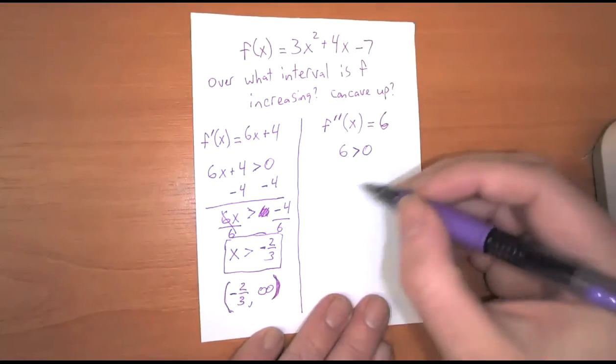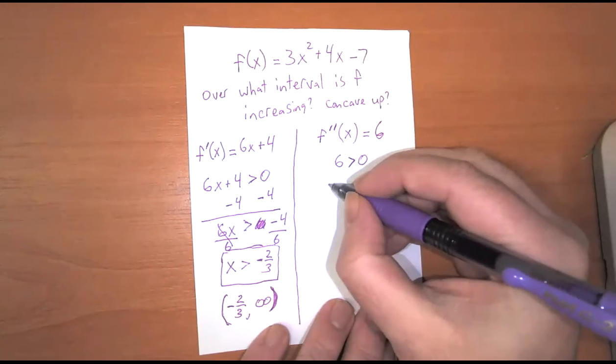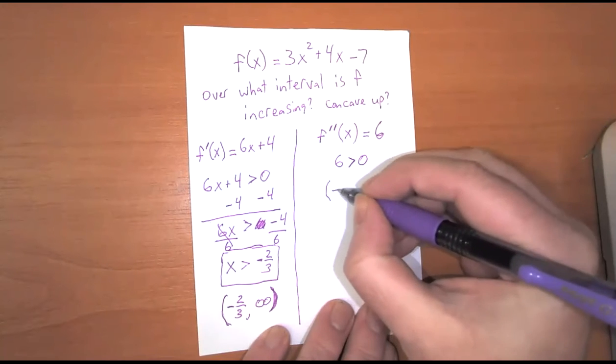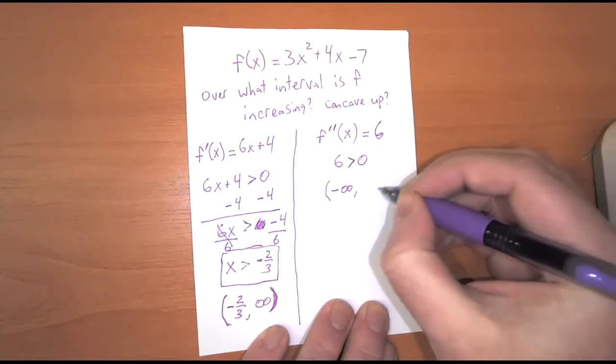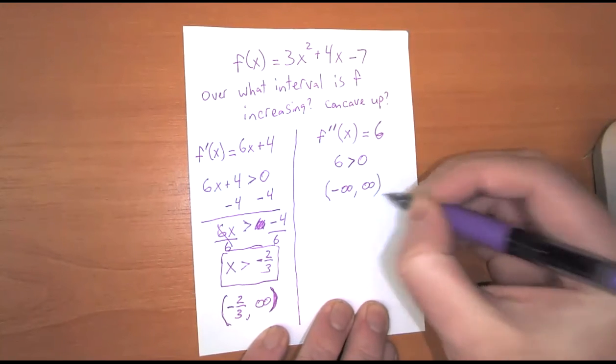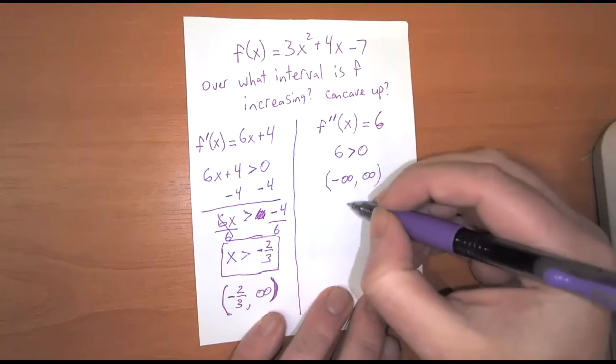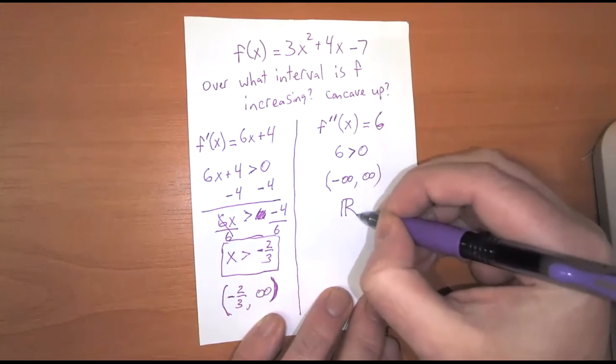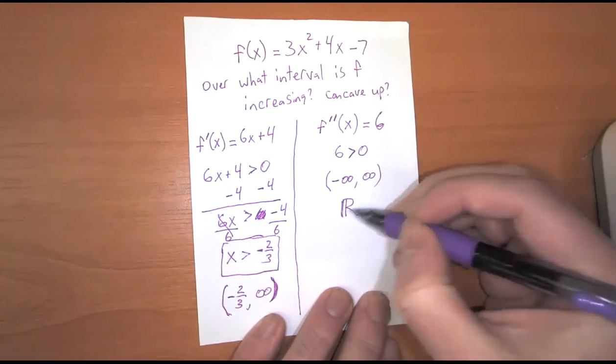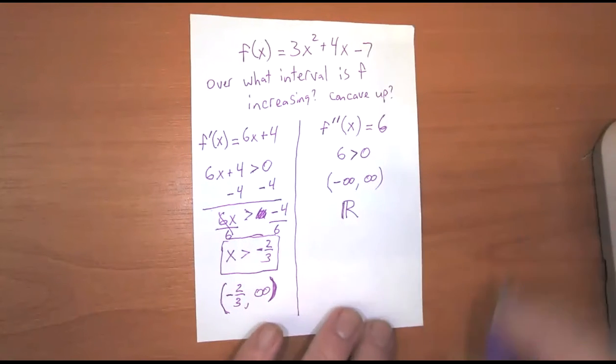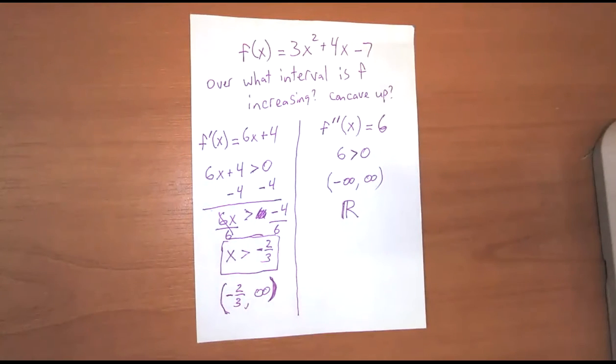If we wanted to talk about the interval over which it's concave up, we could say negative infinity to positive infinity. Another way we could write it is with a capital R with an extra line. This is a special notation which just means all of the real numbers.